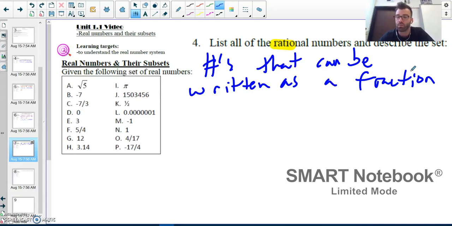Let's look at our set of real numbers here. I want you to pick out the numbers that can be written as fractions. There are some obvious ones and some not so obvious numbers. Go ahead and pause the video and write those down. Let's knock out the obvious ones here: -7/3.